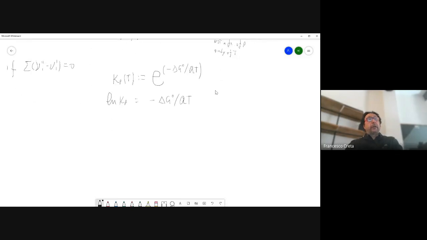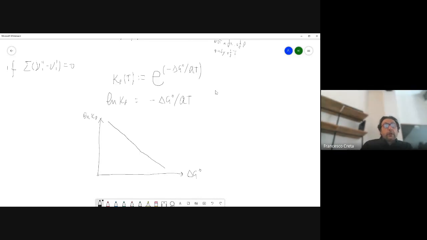So one way to look at this expression is on a log scale as a function of delta G0. This would be the logarithm of Kp, and you see a line with a negative slope, like this.